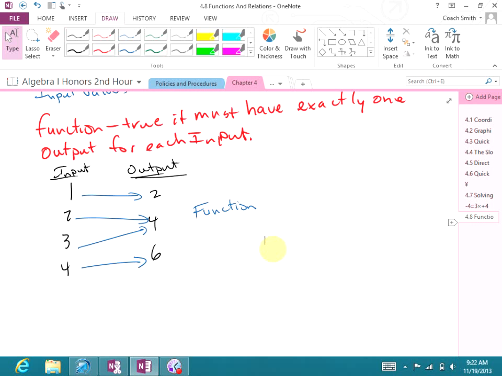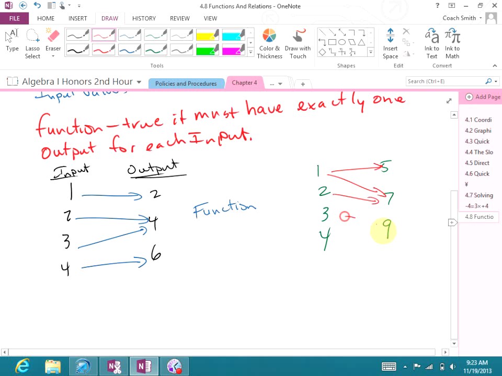Okay, now, if you have something like this, if we have the same 1, 2, 3, and 4, and now we have 5, 7, and 9. And then we have 1 goes there, 1 goes there, 2 goes there, 3 goes there, 4 goes there.